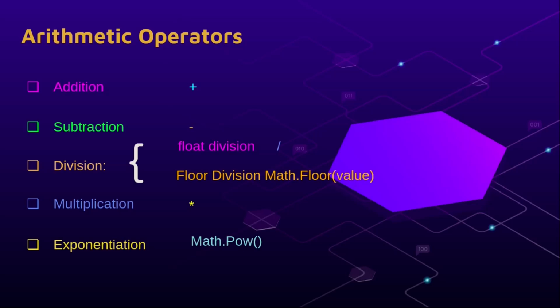And we're going to use the power function. Last but not least is the modulus, which is the percentage sign. This is the one that allows us to get the remainder of a number, right? Cool. So before we go any further, it's better if we go and explore all these operators in code.